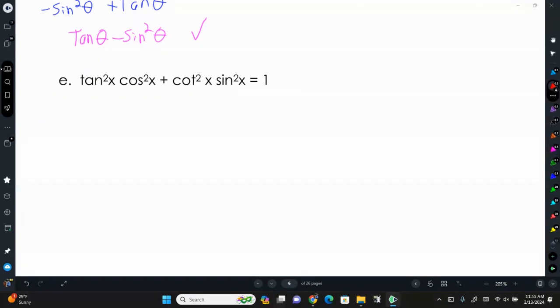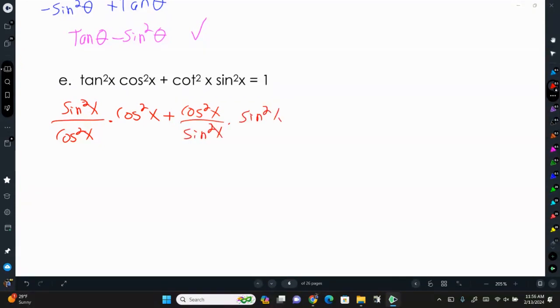And I almost have that, but I got these pesky tangent squared and cotangent squared. So I'm going to change tangent squared to sine squared x over cosine squared x times cosine squared x, plus cotangent squared, which is cosine squared x over sine squared x times sine squared x.